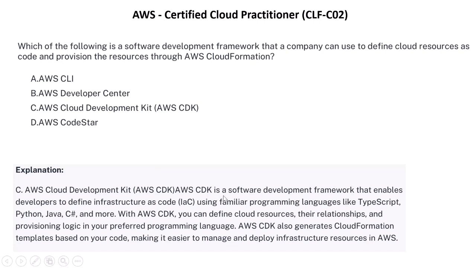AWS CDK is a software development framework that enables developers to define infrastructure as code using familiar programming languages like TypeScript, Python, Java, C#, and more. With AWS Cloud Development Kit, you can define cloud resources, their relationships, and provisioning logic in your preferred programming language.